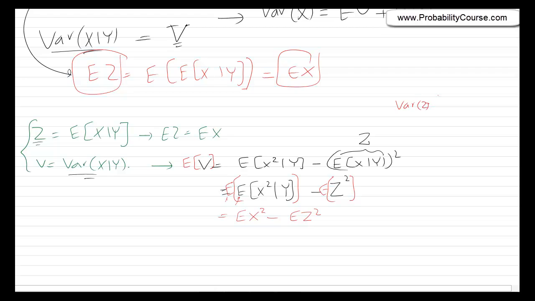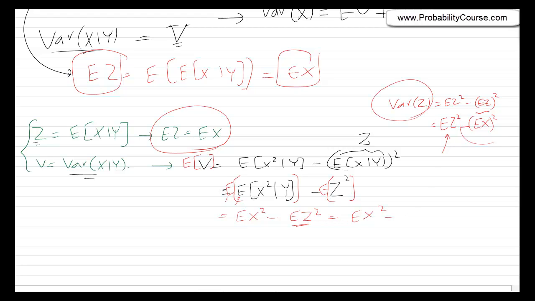Remember, the variance of z is always equal to E[z squared] minus the square of E[z], which, remembering that z and x have the same expected value, is E[z squared] minus the square of E[x]. So I can replace E[z squared] here by the variance of z plus the square of E[x]. So minus variance of z minus the square of E[x], and we are done.